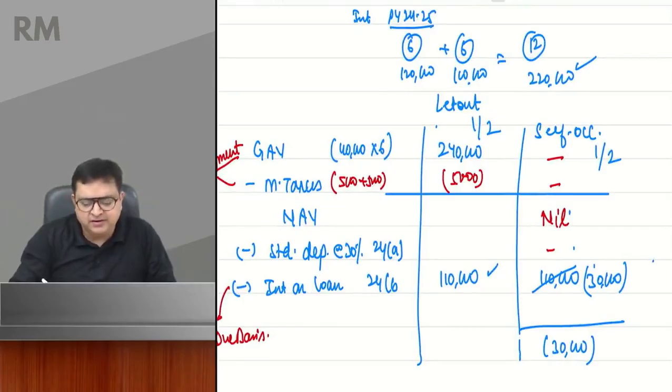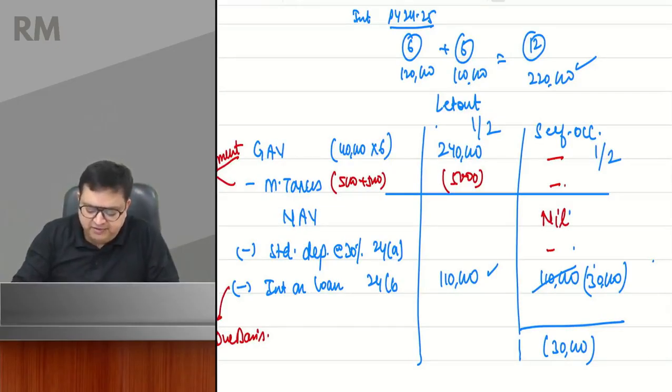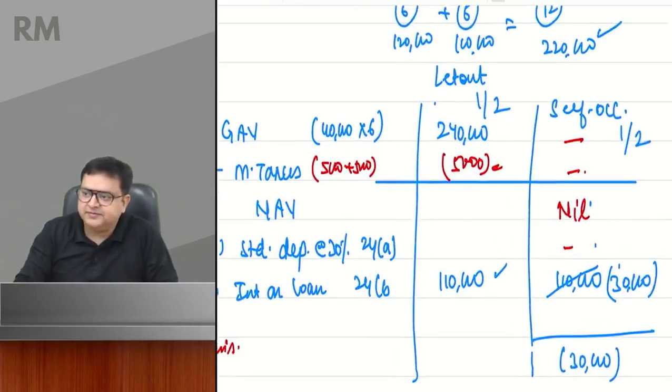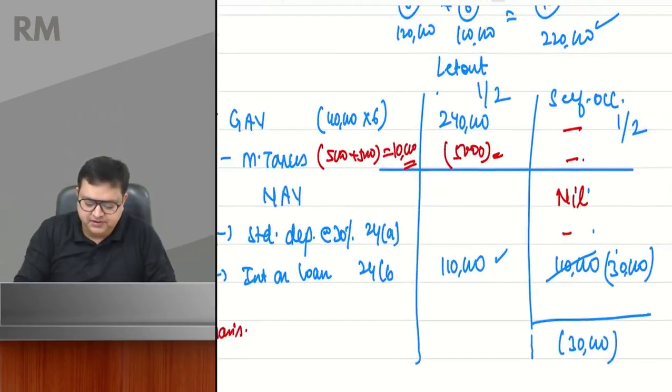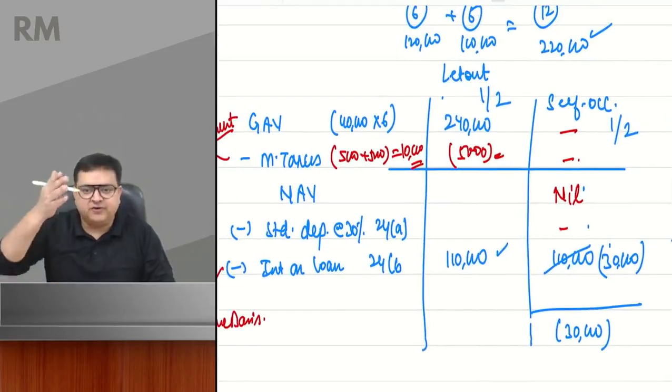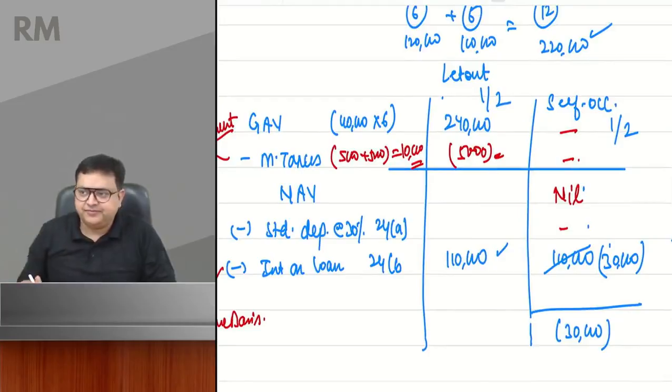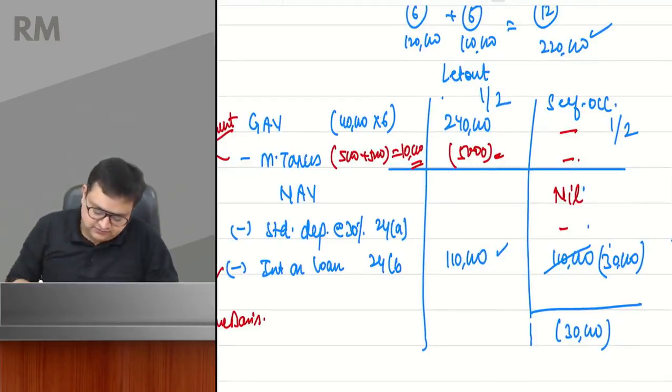NAV is 0 over there, so I will not write it over here. Everybody understood 5,000 rupees? Why have I taken 5,000? Because for the entire house it is 10,000, and for each floor 5,000. So NAV becomes 2,35,000.